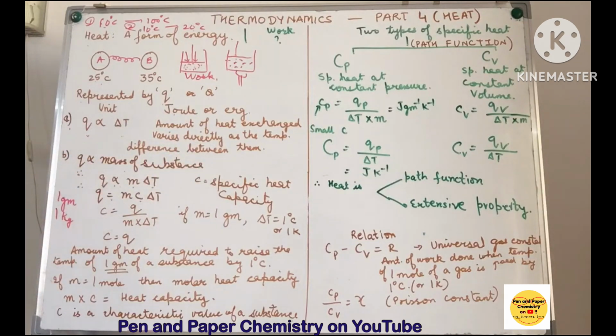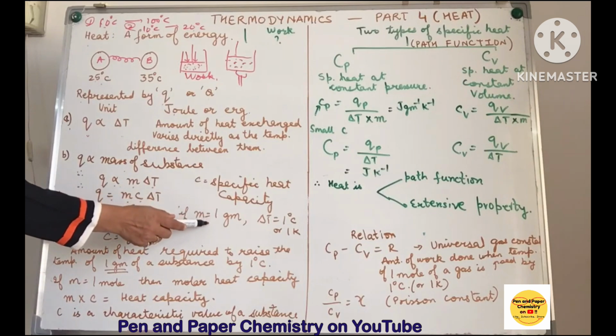Now why are we calling it specific heat capacity? I'll explain in the next step. C is Q upon M into delta T, because we need to define this C. Very simple way of defining is you define the denominators as 1.